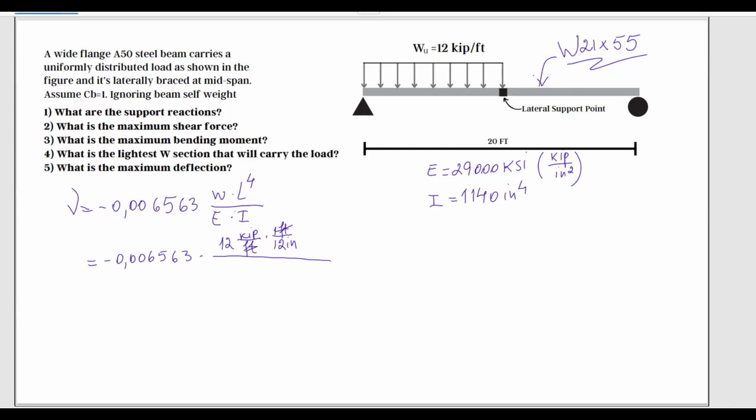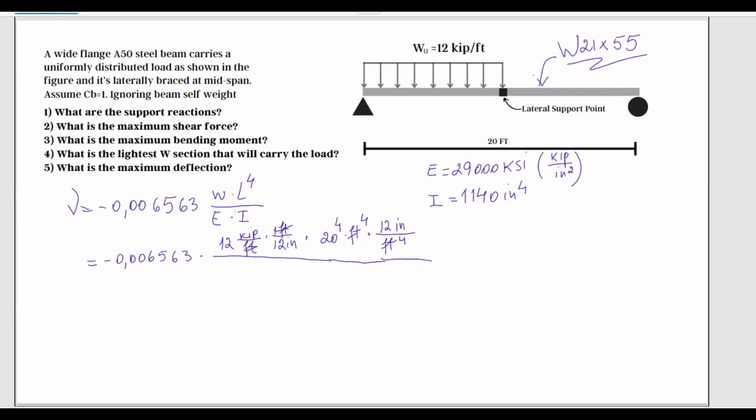Wonderful. Next, this is multiplied by L power 4, which is 20 power 4, to have feet power 4, right? And in order to get rid of feet, we have 1 foot equals 12 inches.